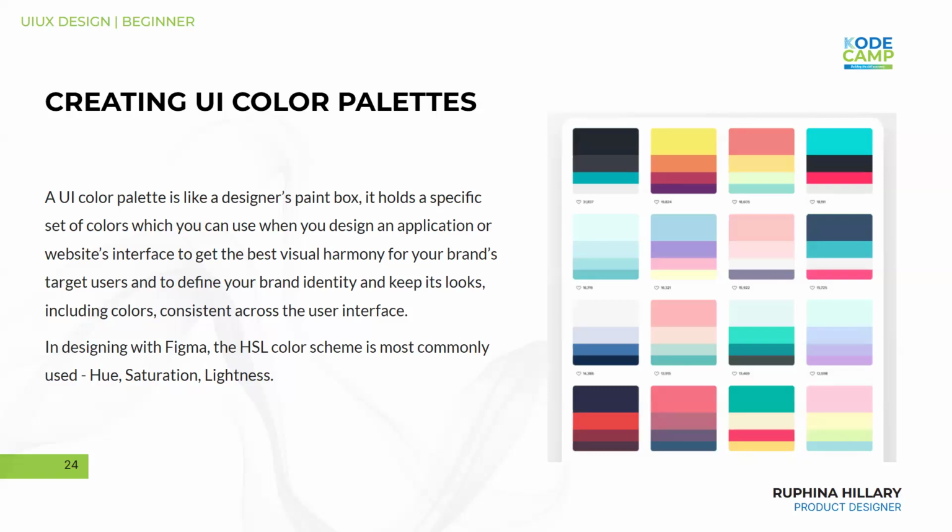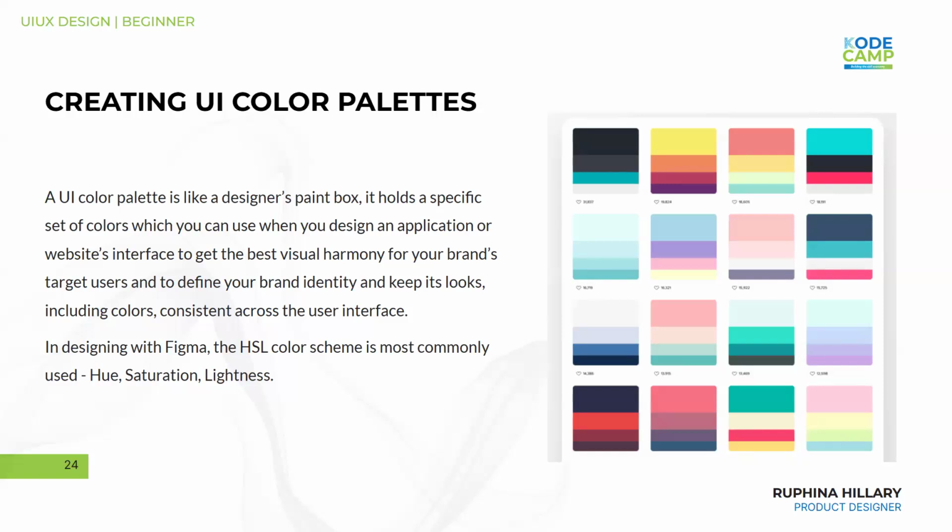In designing with Figma, the hue, saturation, and lightness color scheme is the most commonly used color model. So if you go to Figma, you see different color models. There you see RGB, you see hex code, you see hue, saturation, lightness.